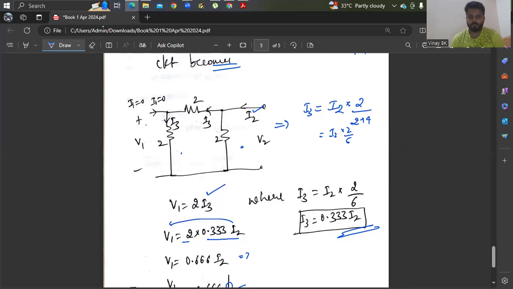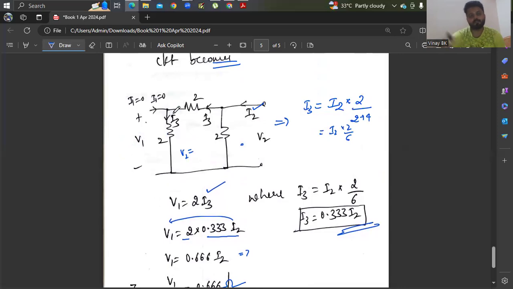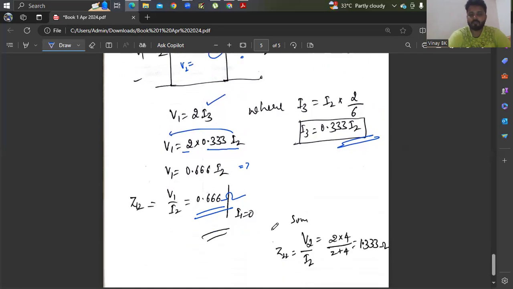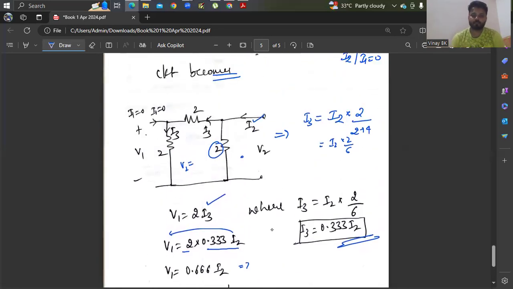So this V2 is given by 2 into V2. You are just applying what V2. 2 into I4, so 2 into 4 divided by 2 plus 4, V2.